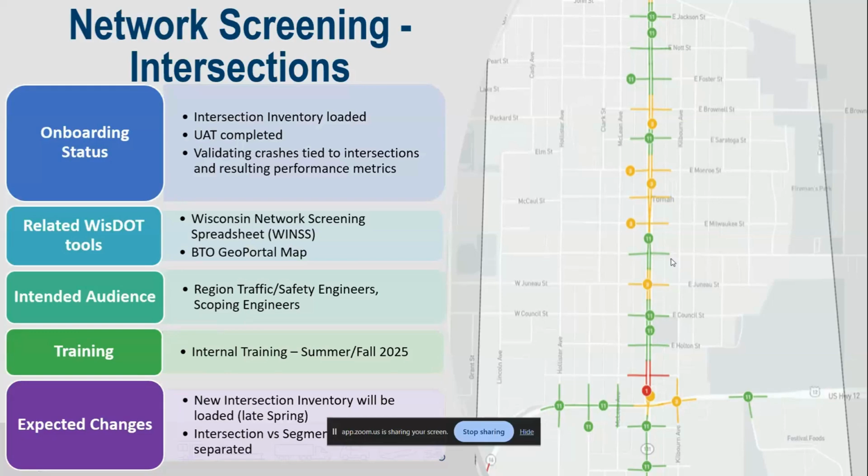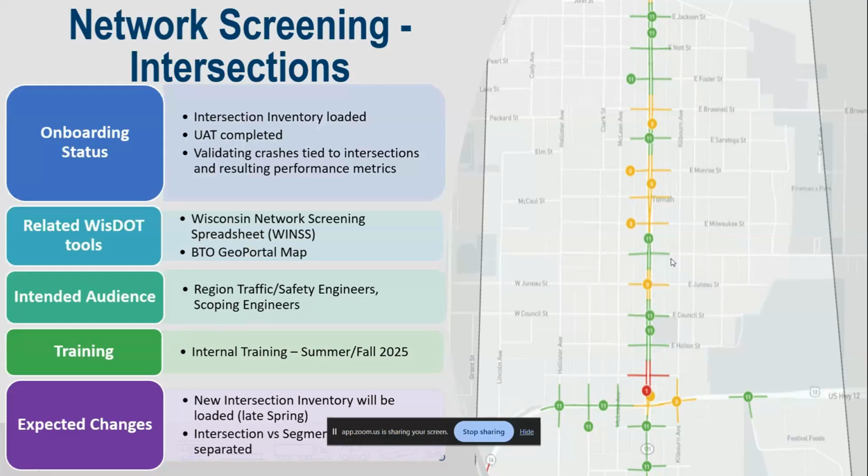We call them safety sites of promise, but essentially all it is saying is, hey, take an extra look at this location. Something's going on here that we want to make sure that we're examining a little bit more closely. So that way we're not letting those locations kind of slip through the cracks, and we're addressing our safety issues as our projects move along through the different corridors with the improvement program.